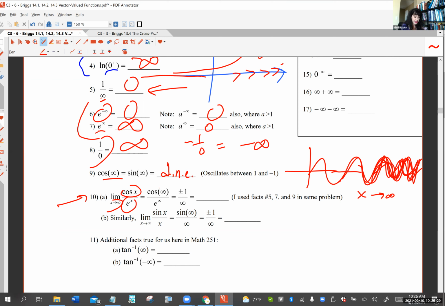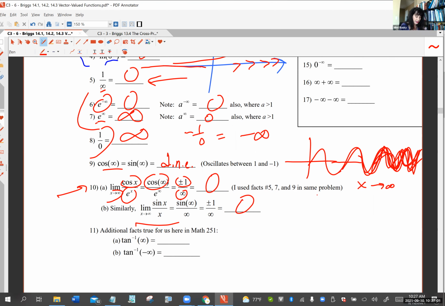Even though the limit of cosine of infinity essentially does not exist, this limit will exist, because the numerator is really just jumping back and forth between 1 and negative 1, but the denominator is growing very large. And so the answer is 0. The limit exists. And similarly for sine, because that numerator gets basically killed off by the growth of the denominator.